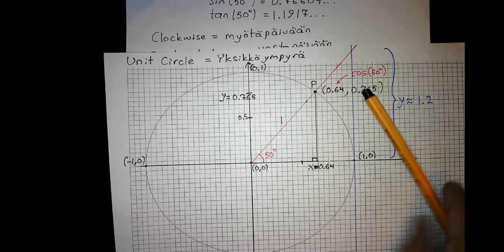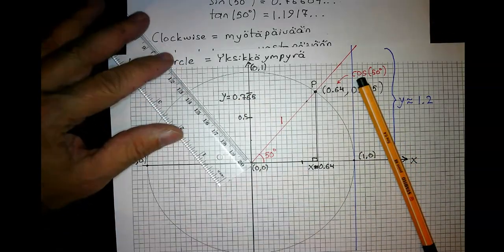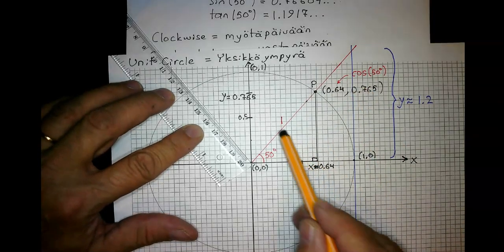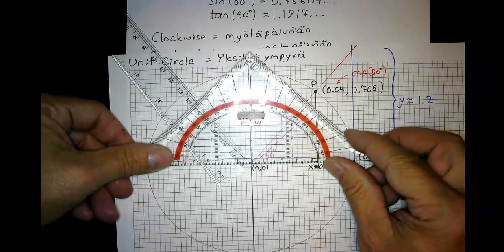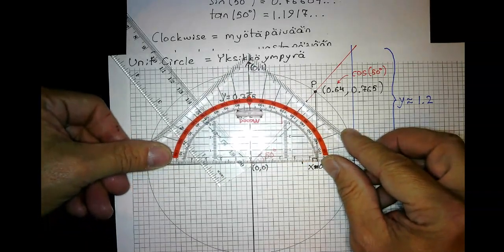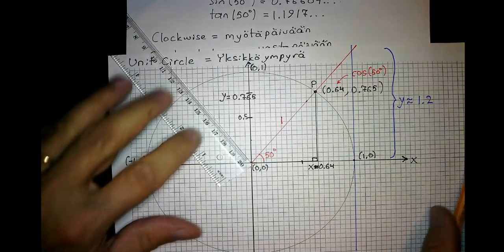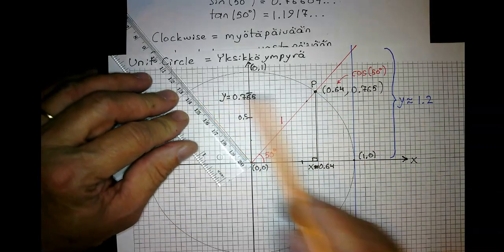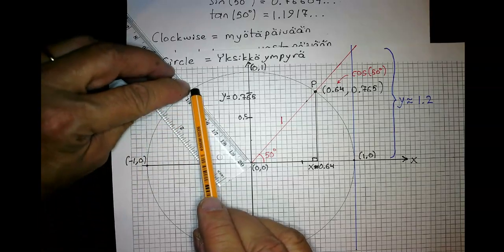But what I was going to say is that if we have an angle, for example here, like this, which I will approximate to be about 125 degrees, we notice the x and y coordinates with the same method.